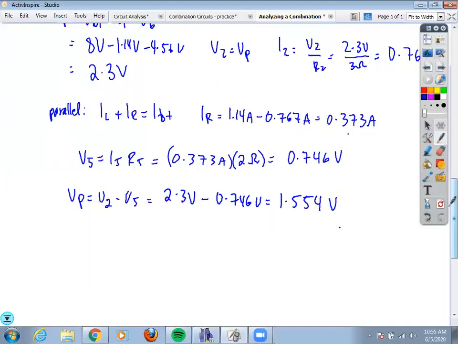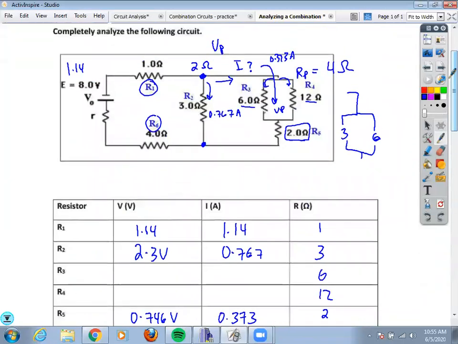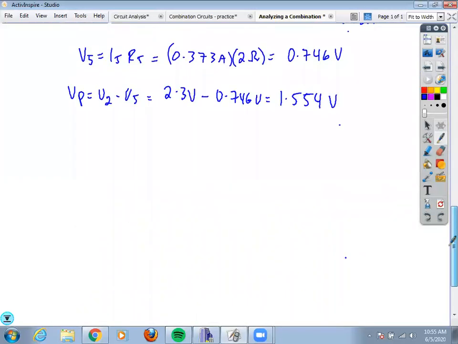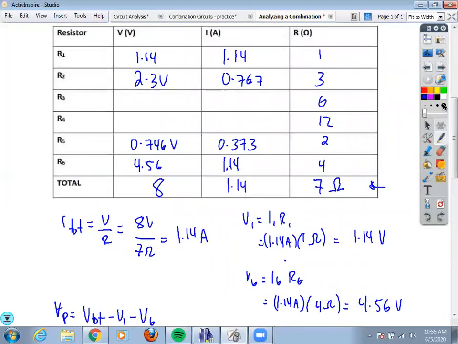Okay, voltage. So that would be the voltage drop across R3 and R4. So the 1.554 volts would be V3 and V4.